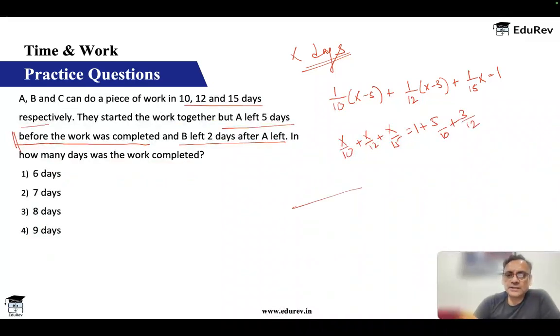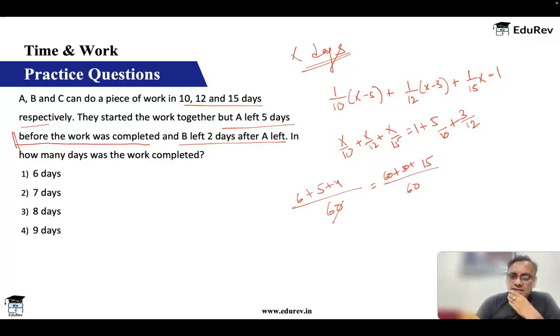Okay, 10, 12, 15, the LCM is again 60. So it is 6 plus 5 plus 4 on the left. On the right, with 10 and 12, the LCM here also is 60. So you'll have 60 plus, in fact, 5 by 10 and 3 by 12 we could have simplified, but fine. So 6 times 5, 30, and this will be 5 times 3, 15.